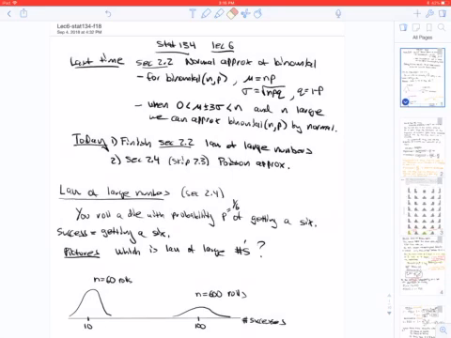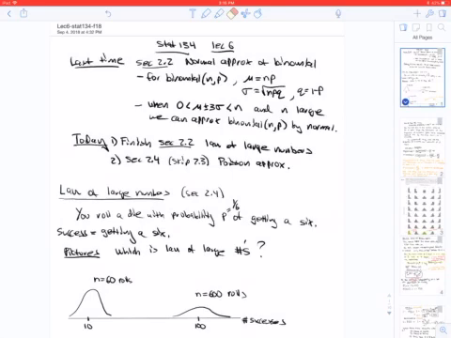And because most of a normal distribution has its data between mu plus or minus 3 sigma, we require, if we're going to approximate the binomial by the normal, that n and p be such that mu plus 3 sigma is between 0 and n.